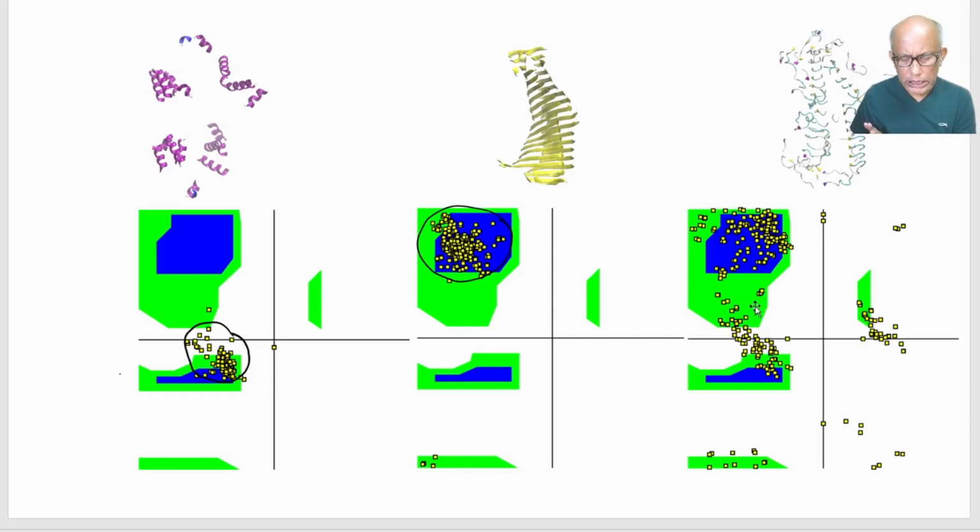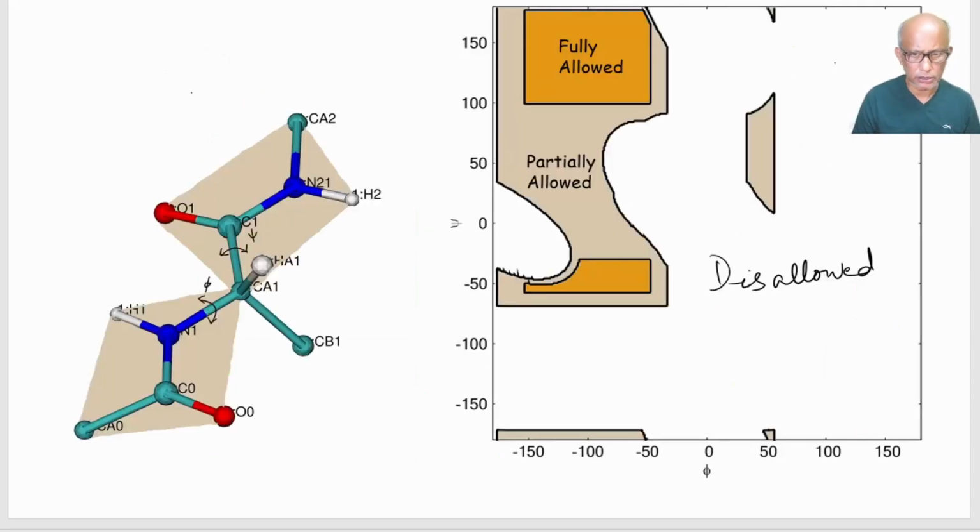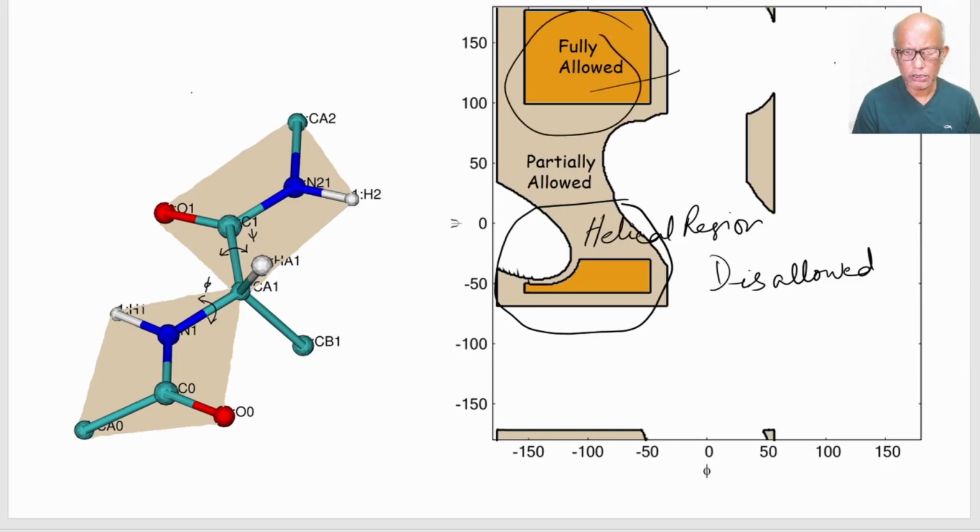I cannot say exactly, but I can do the reverse. I can plot in the Ramachandran map and say that this part of the region is helical and that part of the region is that of a strand. So I can say, for example, that roughly this region is a helical region of the Ramachandran map, and anything above, mainly somewhere here, I can say these are the extended strand.